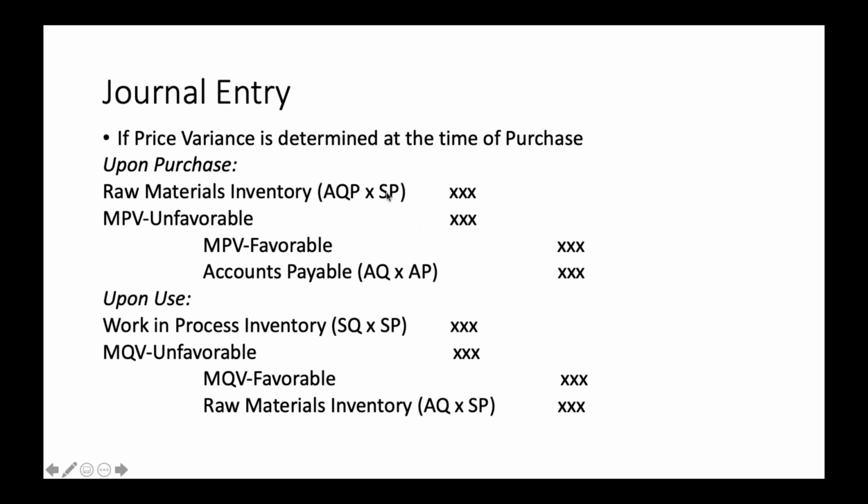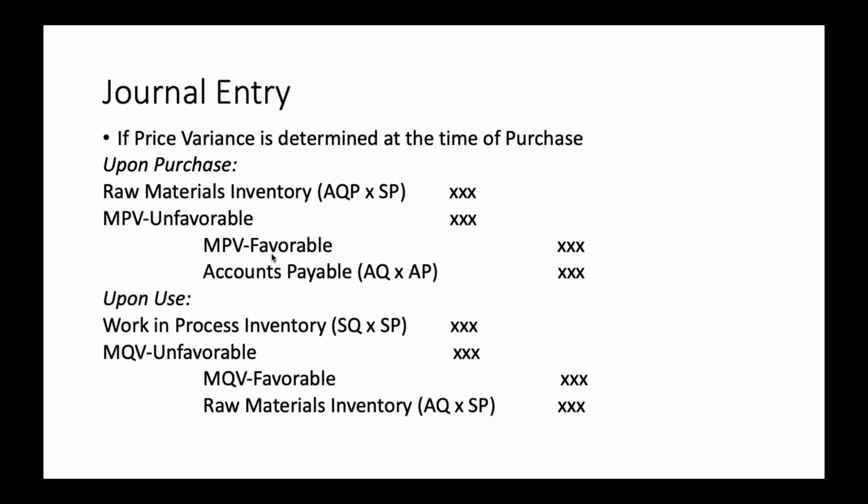So as you can see, there's a difference in the actual price and standard price. The debit to our raw materials inventory is at the standard price, while the accounts payable is at actual price. So the difference between the two is what we call material price variance. It's either unfavorable or favorable. So unfavorable materials price variance is debited, while favorable materials price variance is credited.